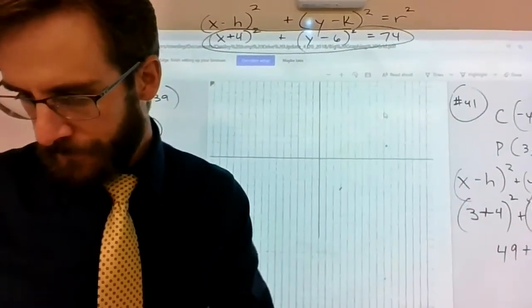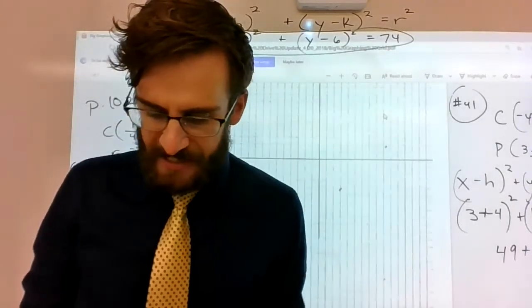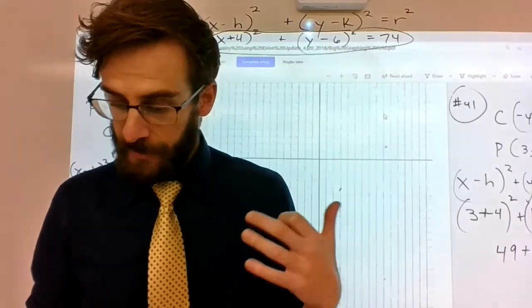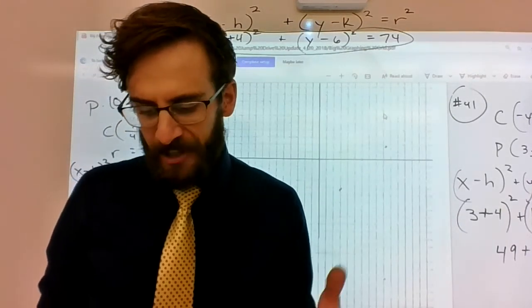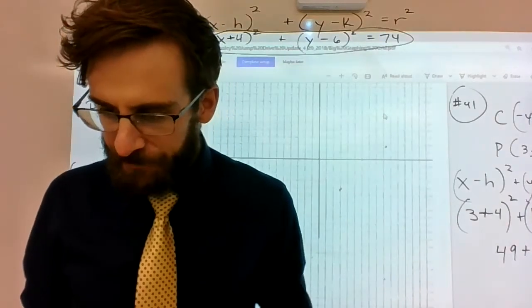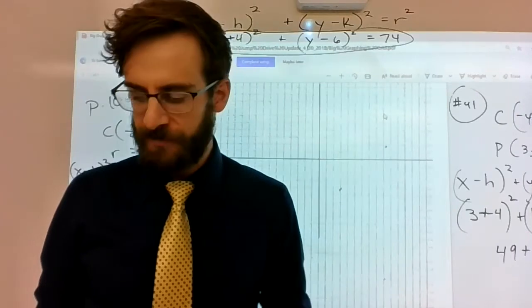Okay. Now what happens when they start talking about, yeah, it's tangent to the y-axis, or it's tangent to both axes, with like I'm looking at 43, 45, 47. They give you endpoints of the diameter. They're giving you all sorts of info.